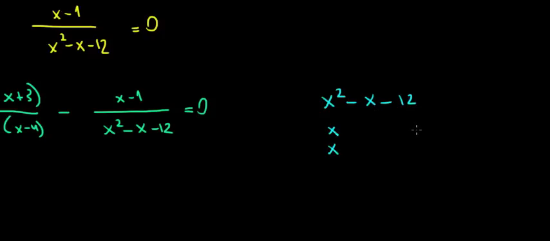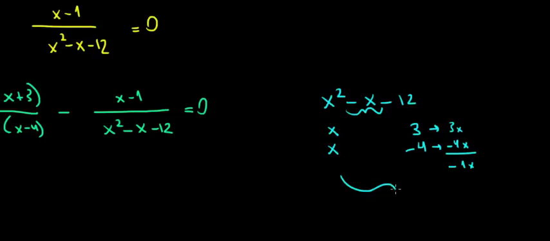Let's try 3 and minus 4. 3 times minus 4 equals minus 12, so that works. And if we add 3x and minus 4x, the result will be equal to minus 1x, which is the middle term over here, so that works as well.